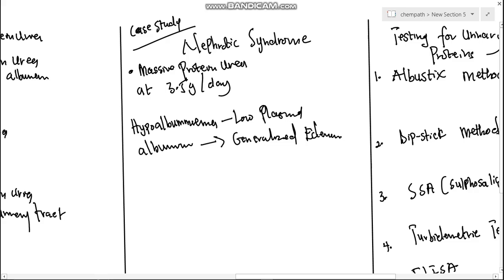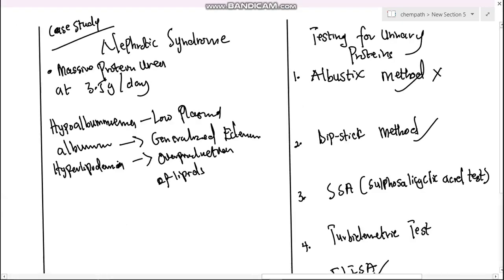One characteristic of nephrotic syndrome is hyperlipidemia. When there is a low plasma albumin, the body's compensatory response is to overproduce lipids. As a result, there is hyperlipidemia.